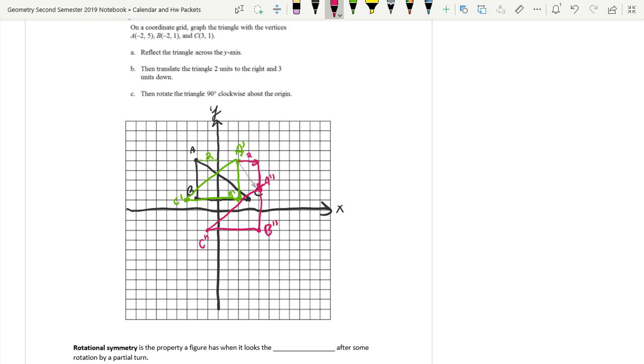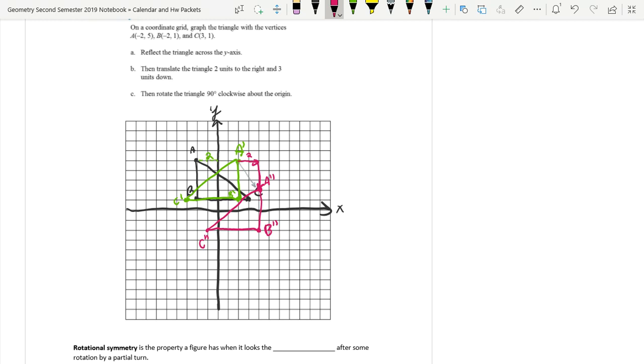Finally, rotate the triangle 90 degrees clockwise about the origin. This is all done visually right now. Imagine in your mind you were rotating this. If you take your cell phone and rotate it 90 degrees, whatever image you get, that's what you want. I could even take my screen right now and rotate 90 degrees, and that would tell me exactly what it's supposed to look like.